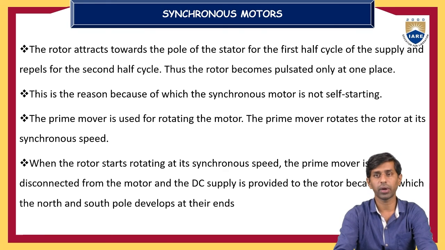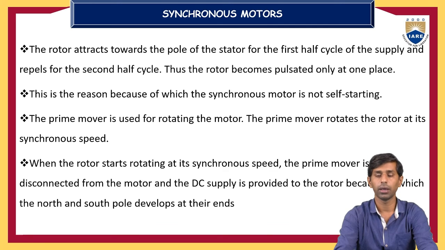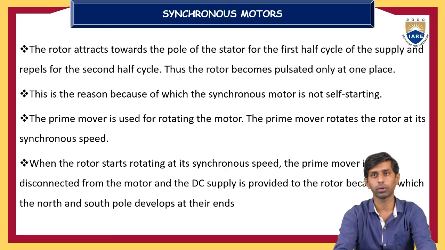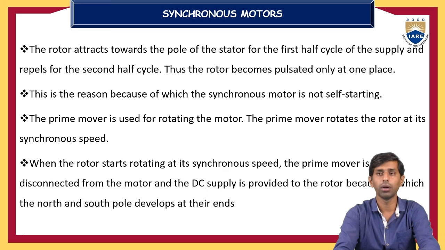where unlike poles attract each other, when the rotor of the synchronous motor is rotating and reaches almost the synchronous speed, then at that particular point of time you have to excite the rotor winding with a DC supply, which produces a magnetic field, that is the rotor magnetic field or field winding, which produces the north and south projecting poles.